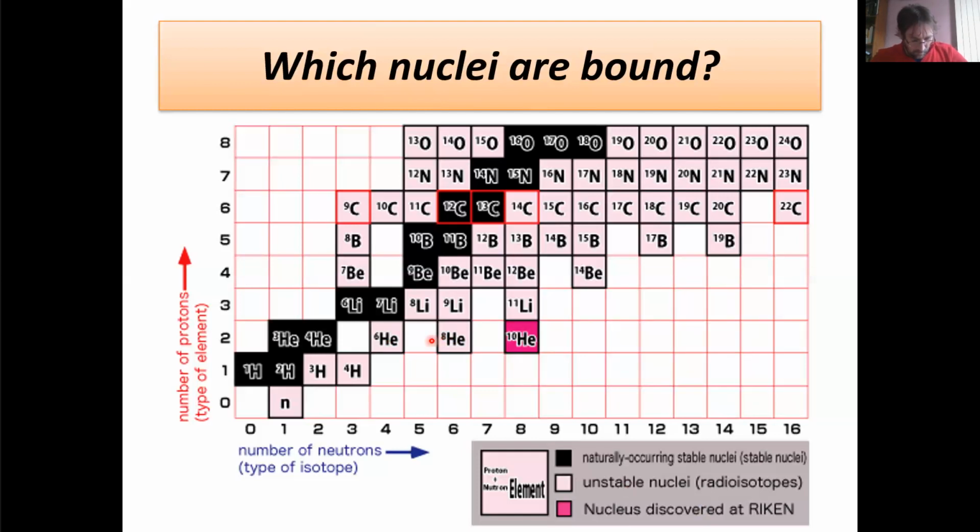You see that the stable ones go nicely along, where we have 5, 5, 6, 6, 7, 7, and maybe slightly here it tends already to have a bit of neutron excess, but goes nicely along this. So protons and neutrons, obviously, they want to have equal amounts. And this can be reached by having transmutation of a neutron, for example, in this helium 8, to become a proton. Then we are here at lithium 8.